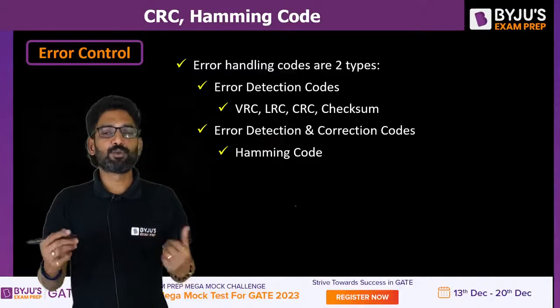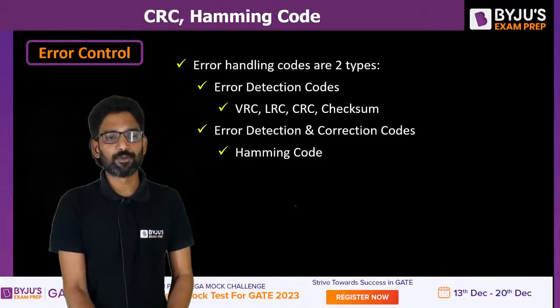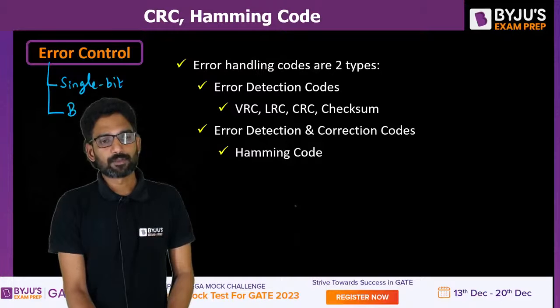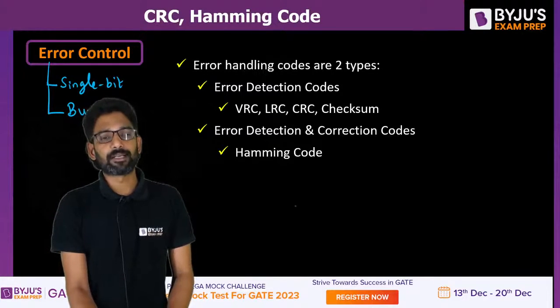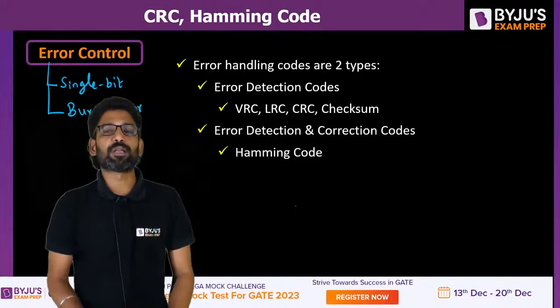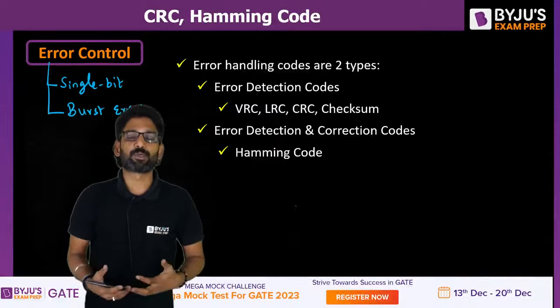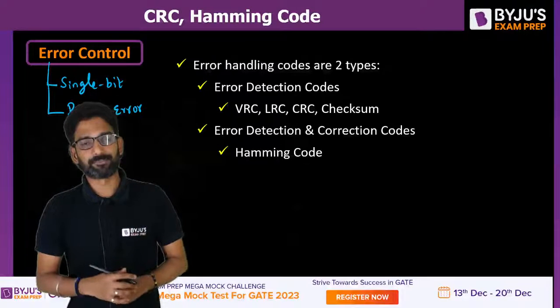We have two types of errors, every one of us knows: single bit error and burst error. When the transmitted and received content differ by only 1 bit, you can call it single bit error. More than 1 bit, you can call it burst error.